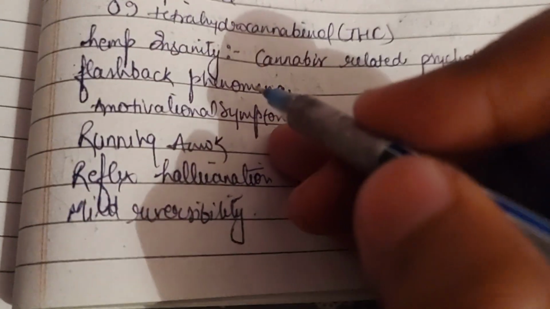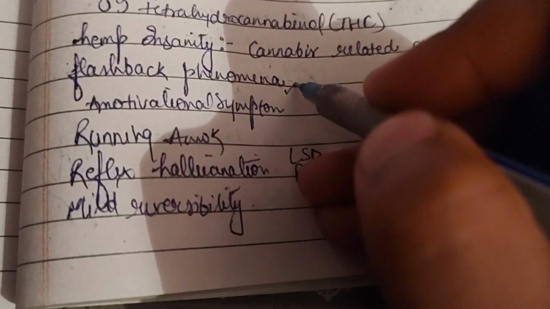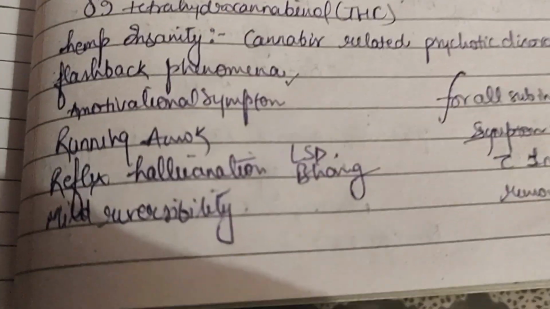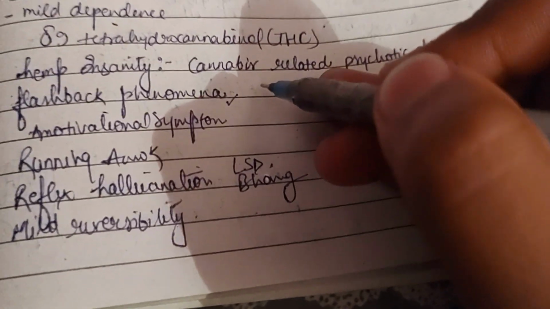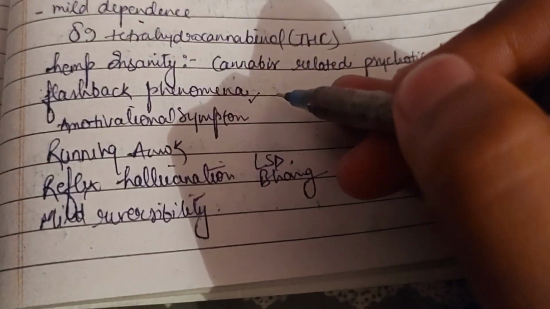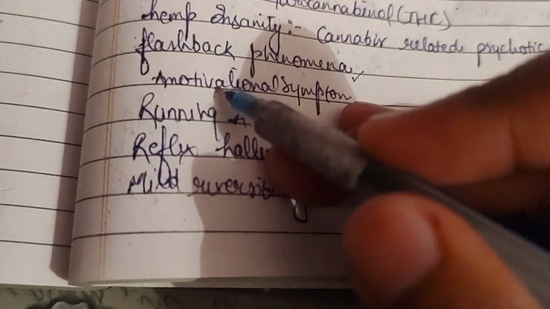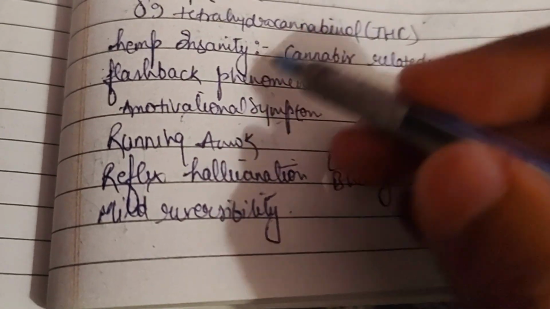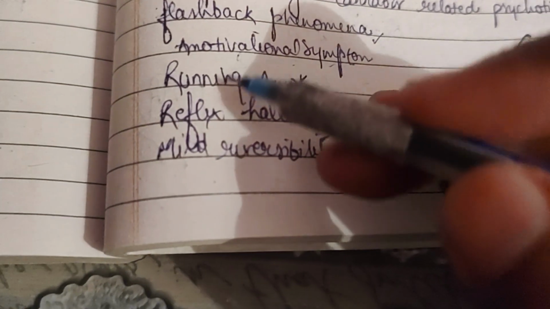Flashback phenomena: even after not taking cannabis, the patient experiences the same kick. But if a flashback occurs while you are driving and you do not concentrate on driving, it may cause serious results. Amotivational syndrome occurs after chronic use or after withdrawal.